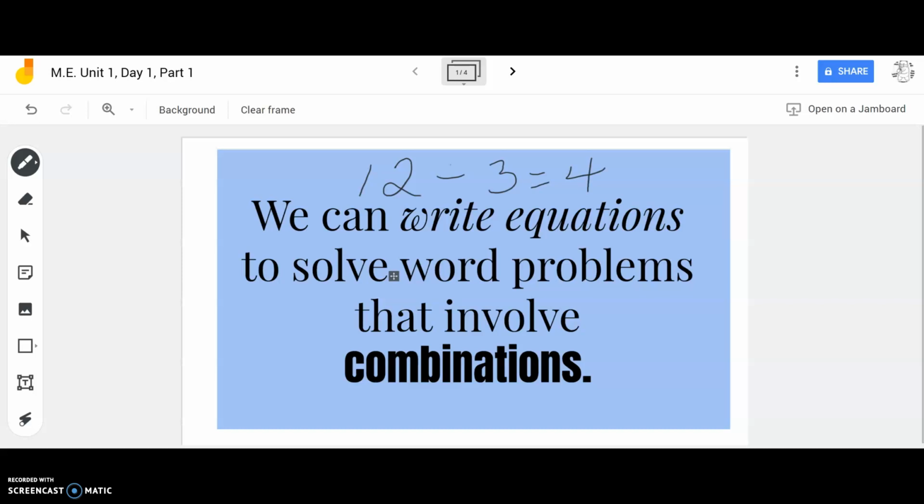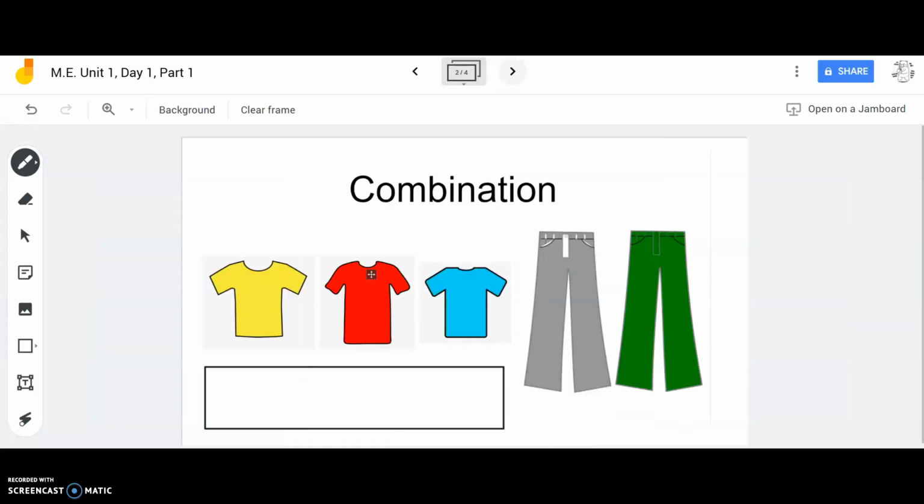That's another type of equation, and that one is for division. I could also make one with addition or subtraction too. So I could do maybe 12 plus 4 equals 16. Those are all types of equations. And today we're going to find out how we can use an equation to solve a problem with a combination.